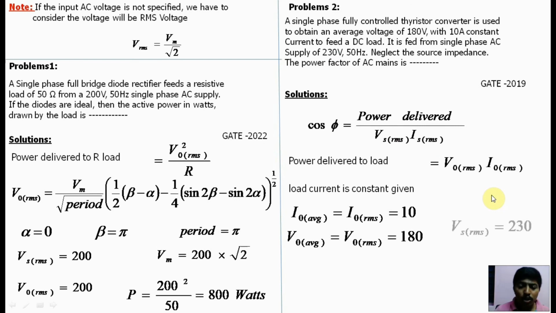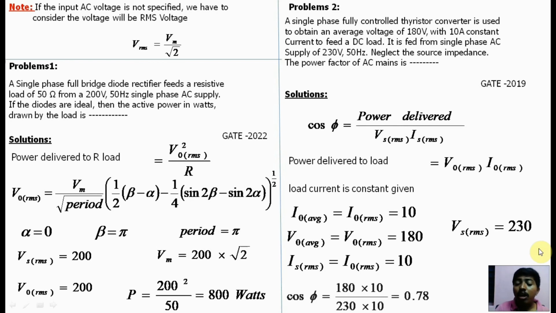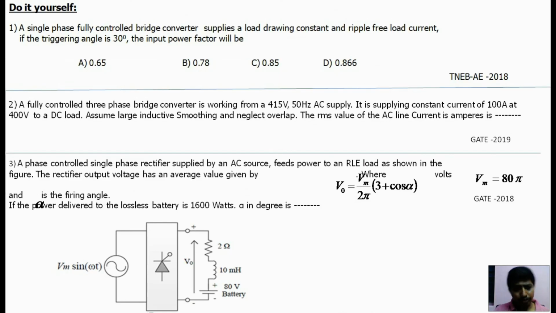For a single phase rectifier, the source current is equal to the load current, so I_s RMS is equal to I naught RMS, which is 10 amps. Substituting all these known parameters, we get the power factor cos phi equal to 0.78. This is the answer.